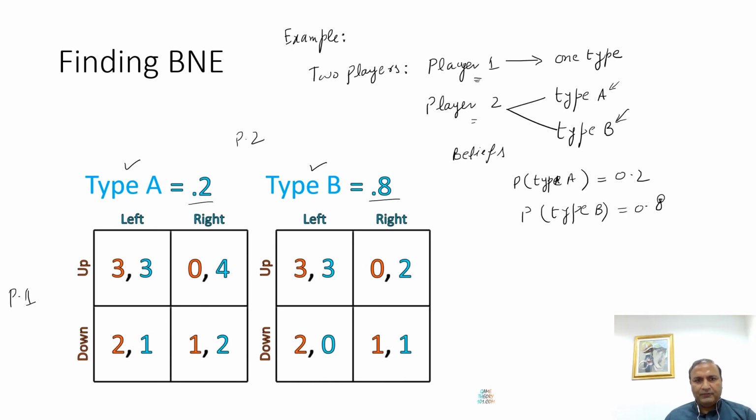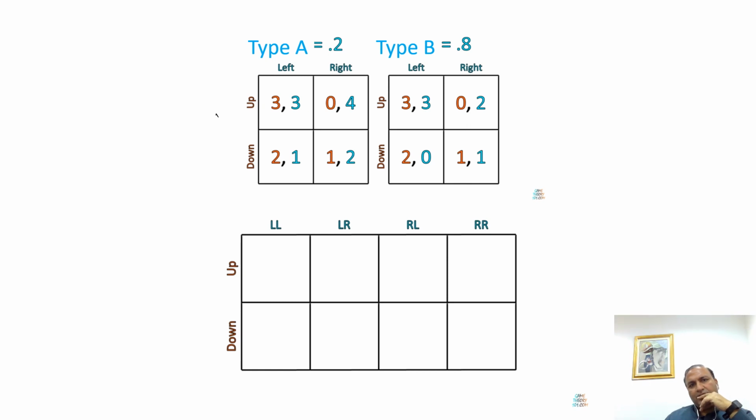Then we have the payoff matrices for each type of player 2: this is the payoff if player 2 is type A, and these are the payoffs if player 2 is type B. Basically, we now have to transform these two payoff matrices into one big matrix where we can find the Nash equilibrium.